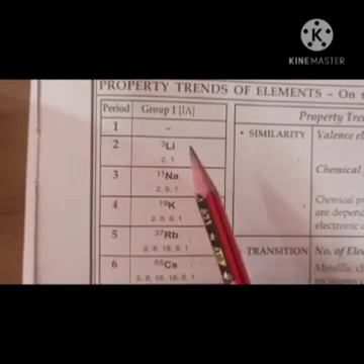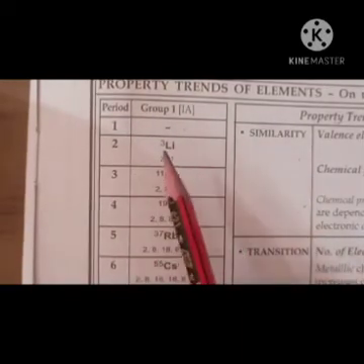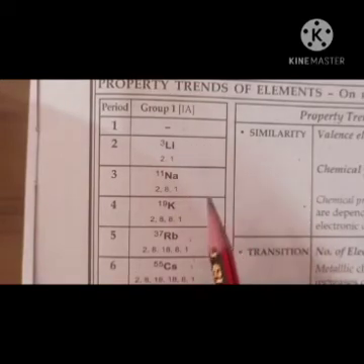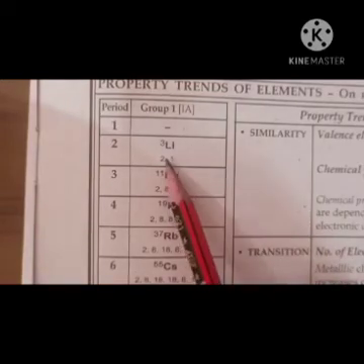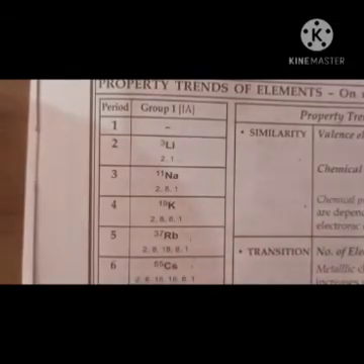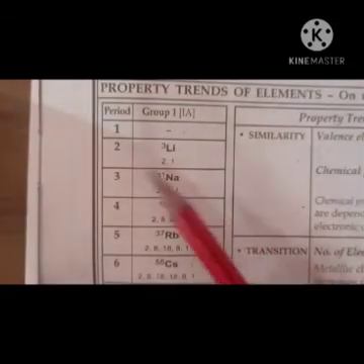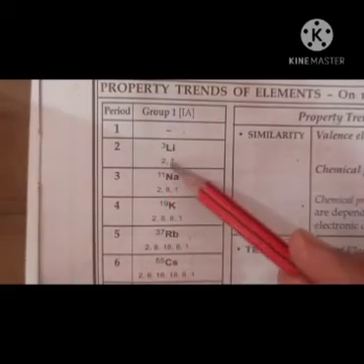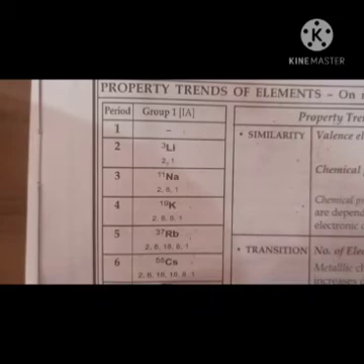In a period, the number of shells remains the same, but valence electrons increase by 1. But in a group, valence electrons remain the same, but the number of shells increases by 1, right? And because valence electrons remain the same, their chemical properties are similar.